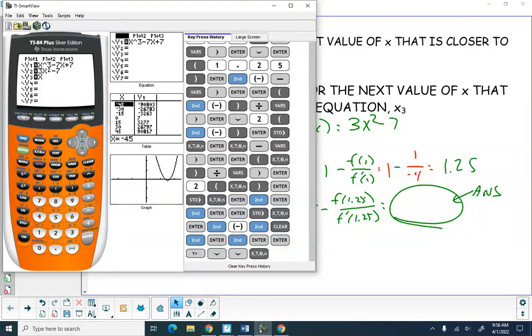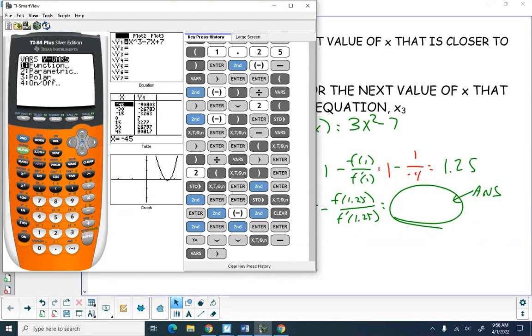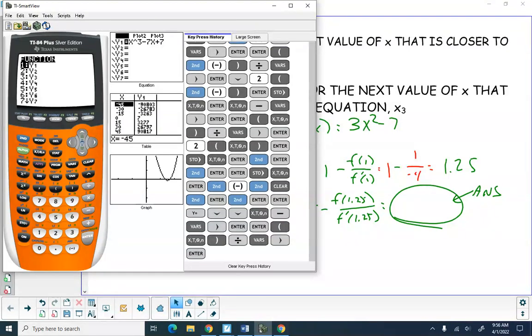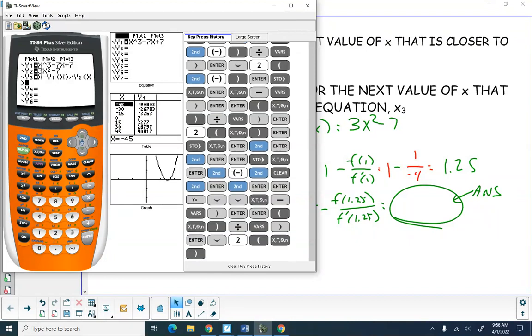X minus y1 of x divided by y2 of x, parentheses. So we just typed in Newton's formula.